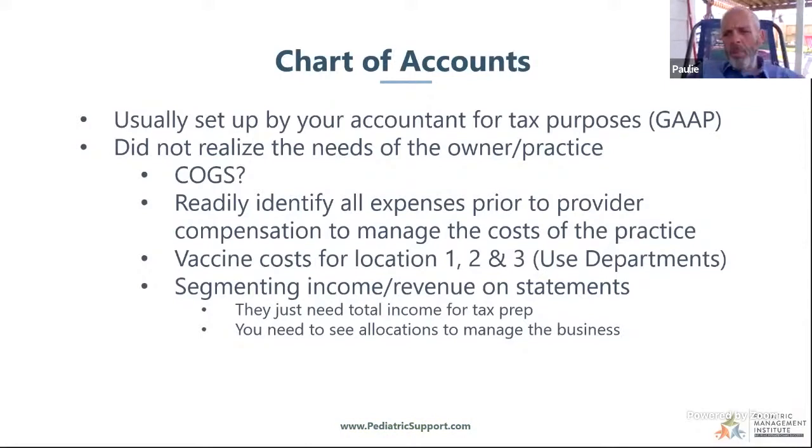So let's say, for example, Dr. Blanchard and I are both owners in a practice, and Dr. Blanchard has one location and I have another location. Well, Dr. Blanchard's at location 1. Any of the vaccines that come in, that invoice comes in, we set it to the vaccine expense account, and we set the department as location 1.